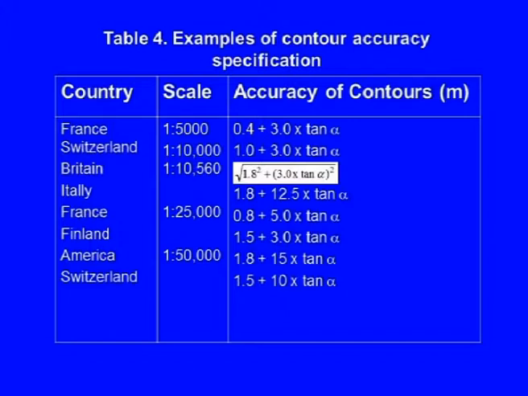In France, at a scale of 1:25,000, this is expressed as 0.8 plus 5 tan alpha. In Finland, it is 1.5 plus 3 tan alpha. In America, at a scale of mapping of 1:50,000, this is 1.8 plus 15 tan alpha, and in Switzerland, it is 1.5 plus 10 tan alpha.